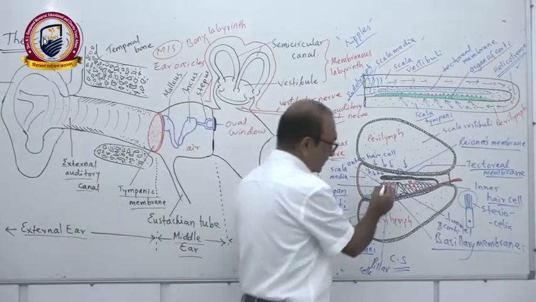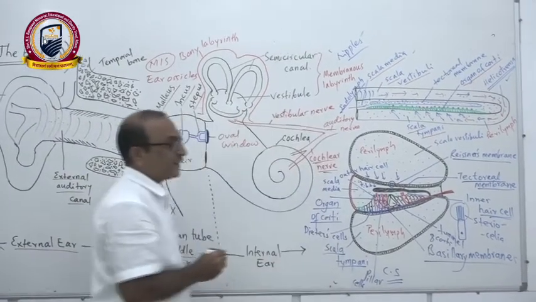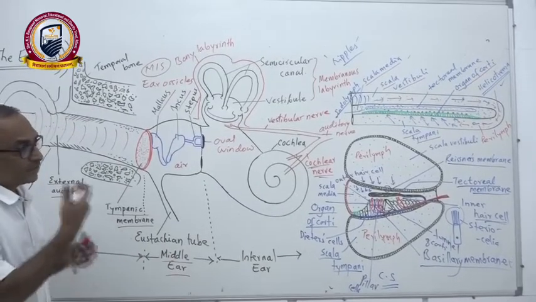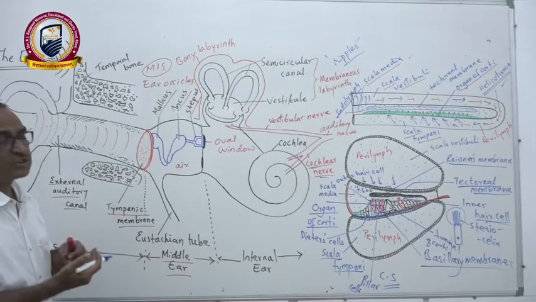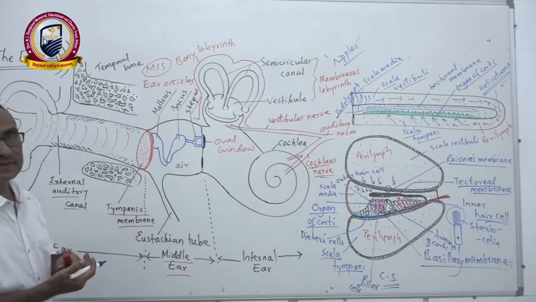in the sensory cells, the hair cells, we see that changes in the membrane permeability take place, and an action potential is generated.